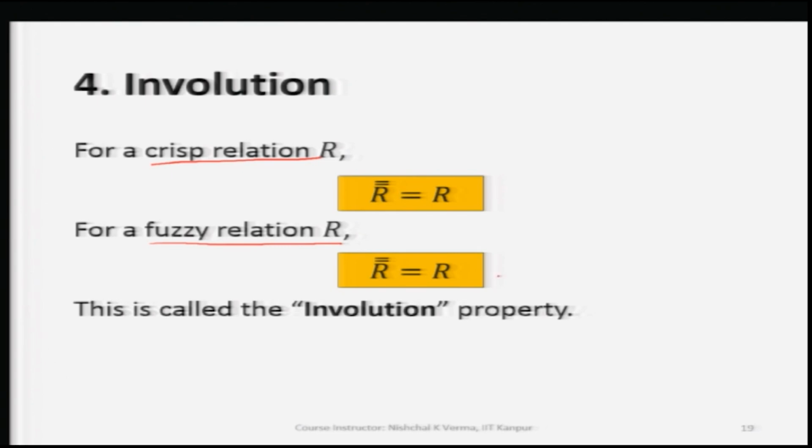So, this holds for fuzzy relations also, and this is called the involution property.